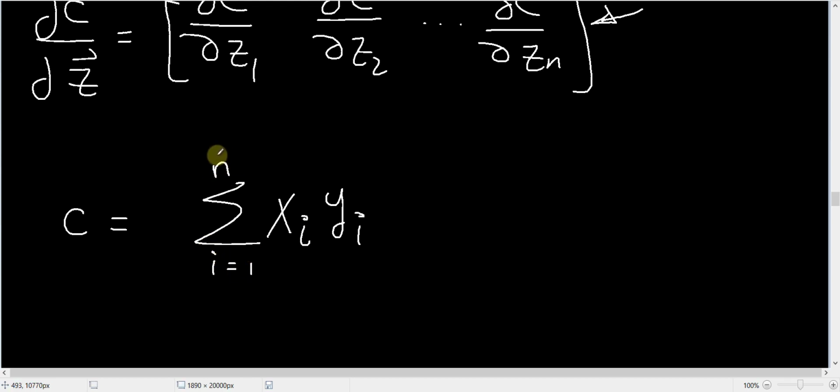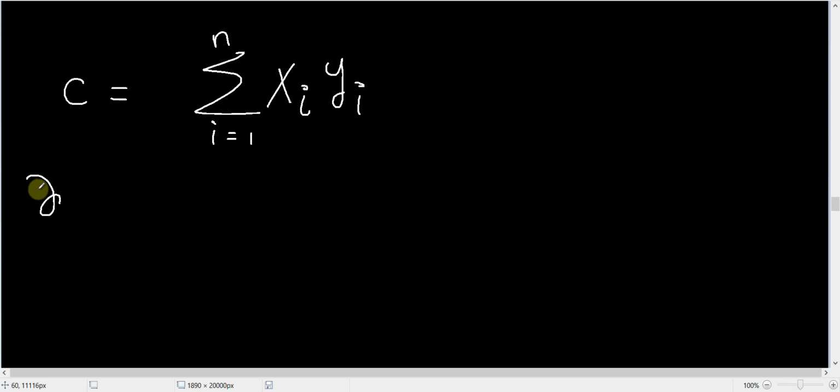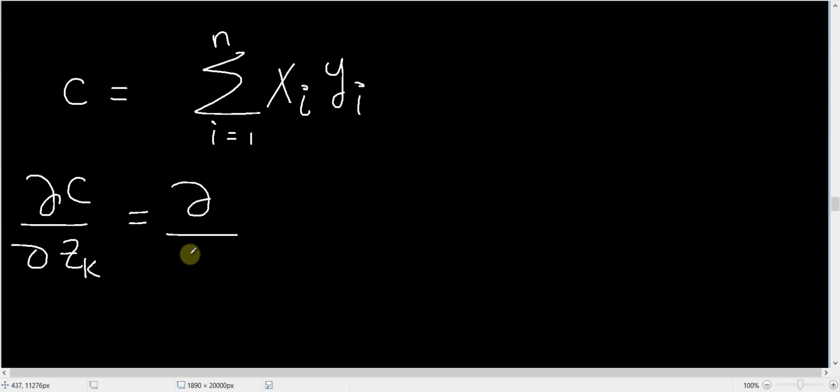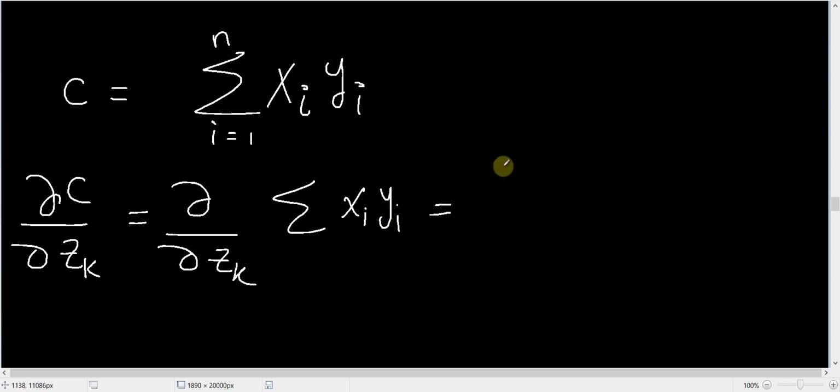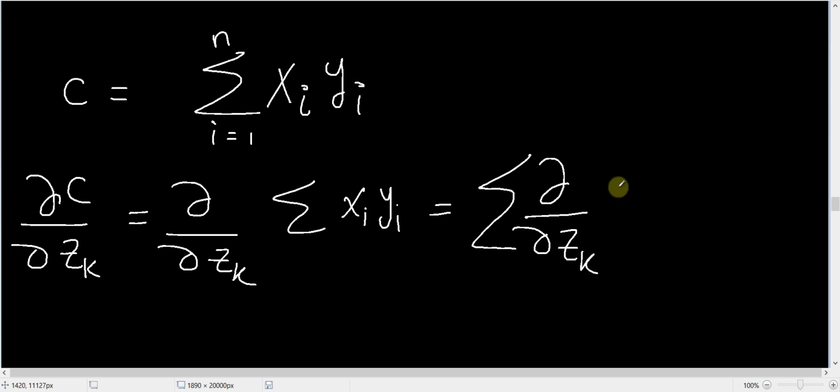Now I want the derivative of this with respect to z1 and z2, and in general I want partial c by partial zk for any zk. Now this is equal to partial by partial zk of the summation of xi yi. Then this is equal to the summation of partial by partial zk of xi yi.